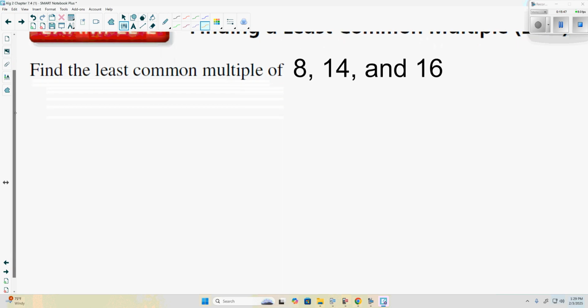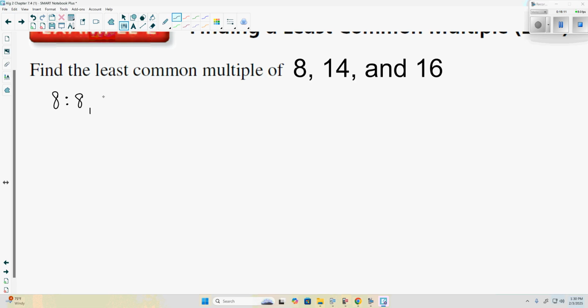Least common multiple is the first number we can turn, in this case, 8, 14, and 16 into. What is the first number that we can get there? Now, there are two main ways to do this. One of them is skip counting. We're going to start off with 8, listing every multiple of 8.